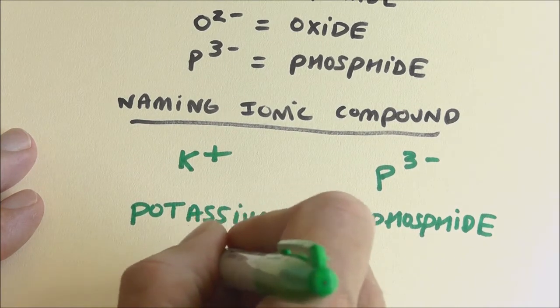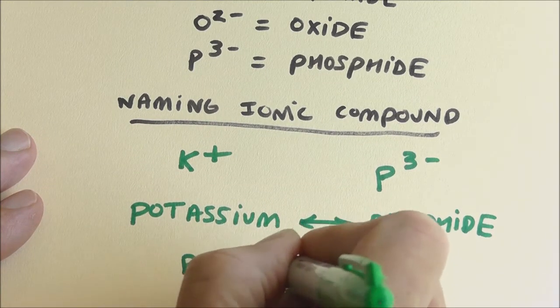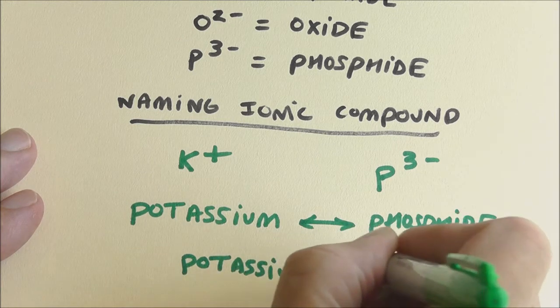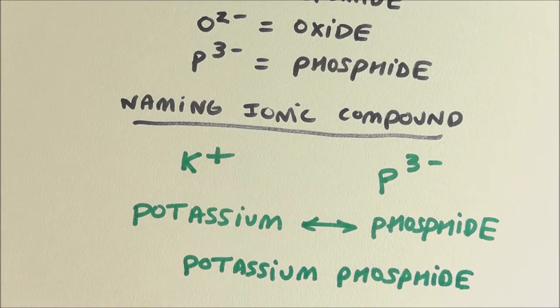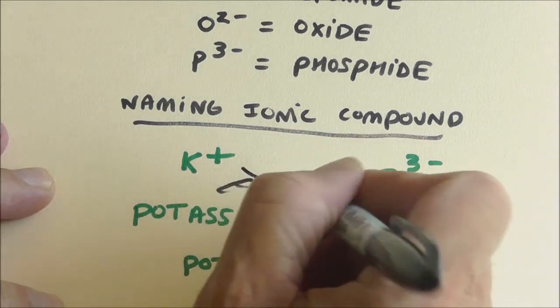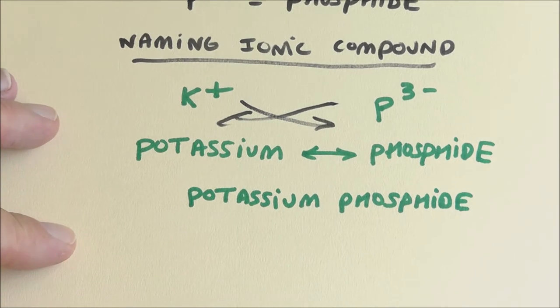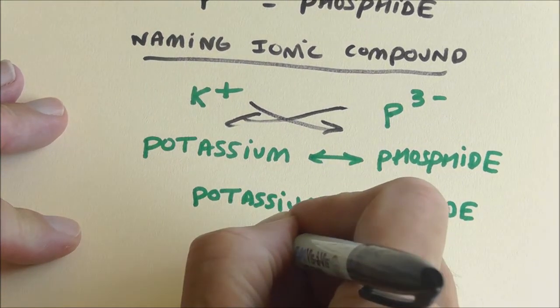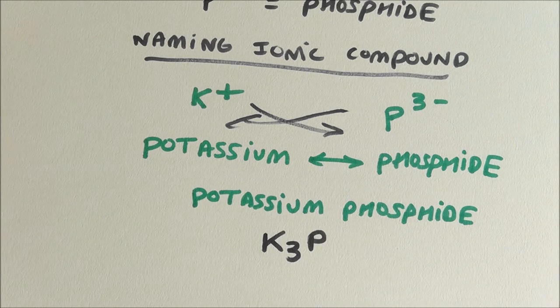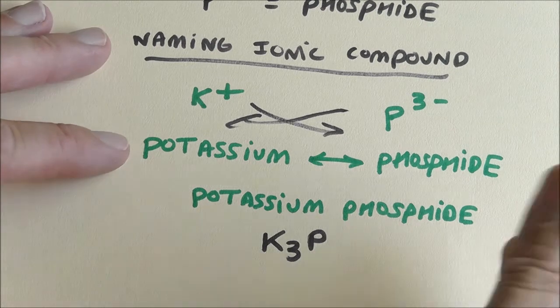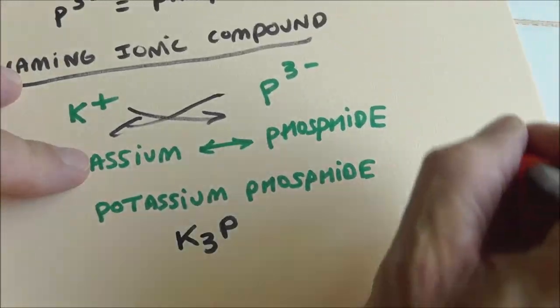That would be the name. And then using what we already know, we can do whatever technique you want to find out the ratio. We could do the switch the numbers thing where it's a 3 and a 1, if you like doing that sort of thing. Or you could just draw out your positives and negatives, but that would have the formula K3P. That's potassium phosphide.